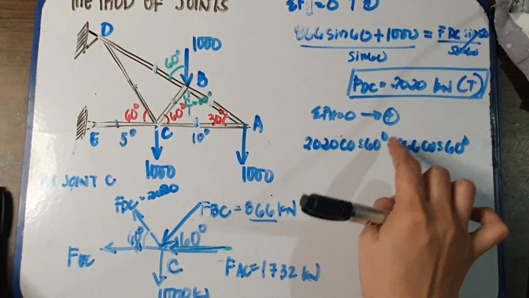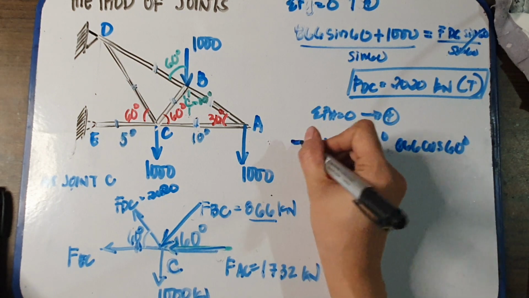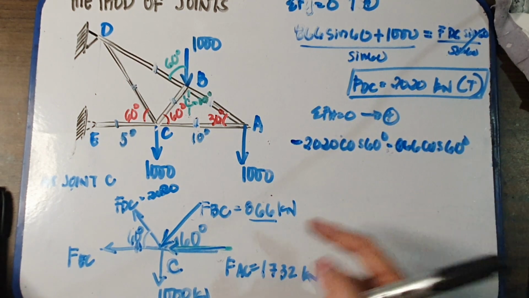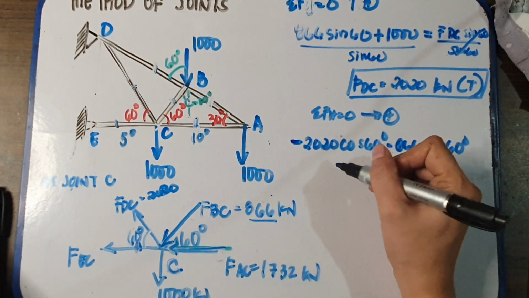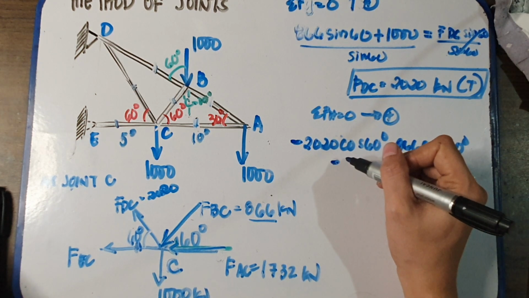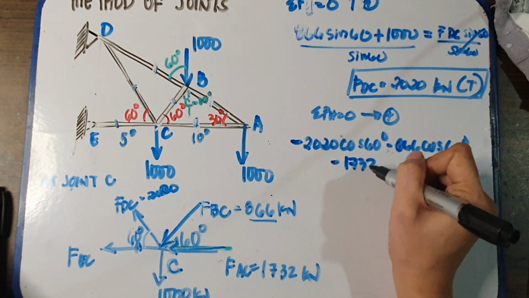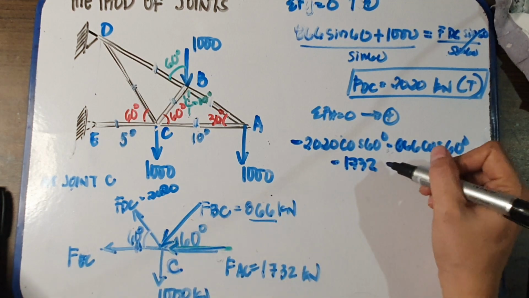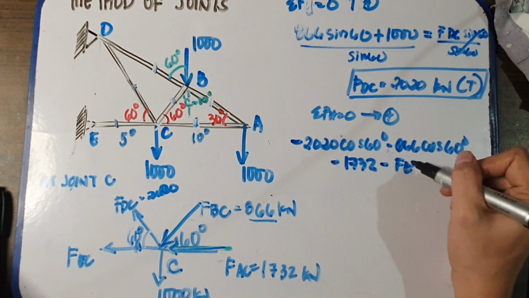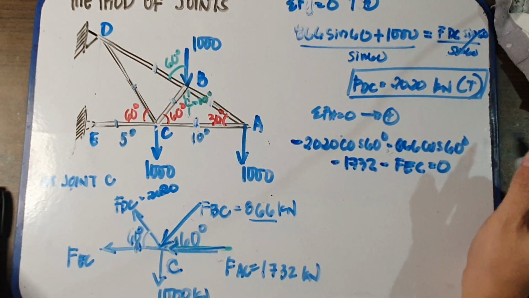Pero since going to the right is positive, pwede natin gawin negative. Negative na lang muna yan. Next, going to the right yung FAC, minus FAC to be 1,732. Next, minus FEC is equal to 0.